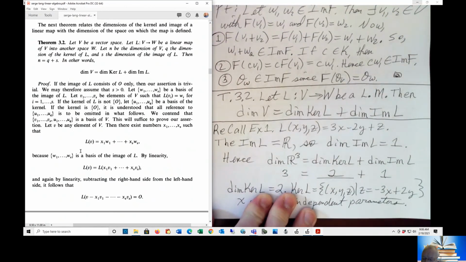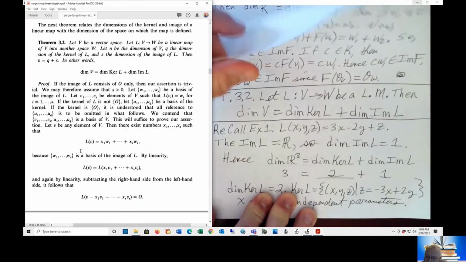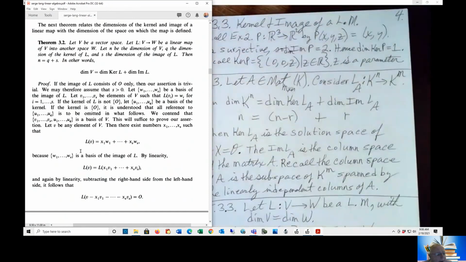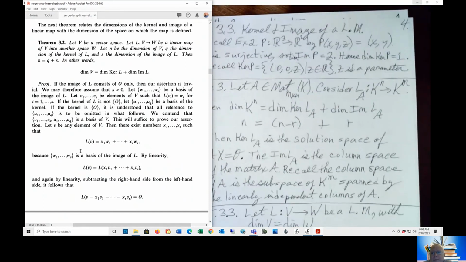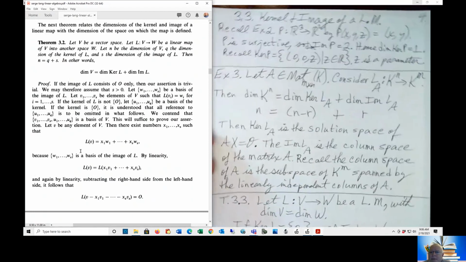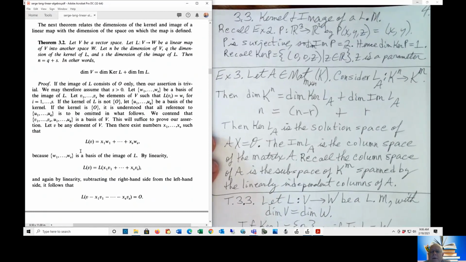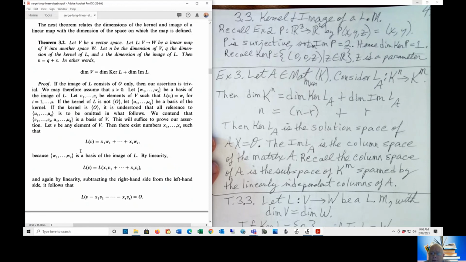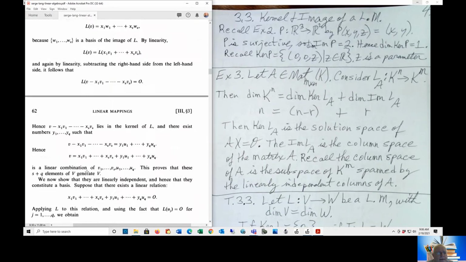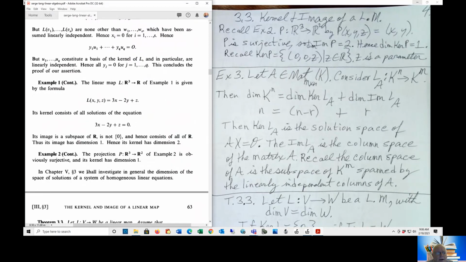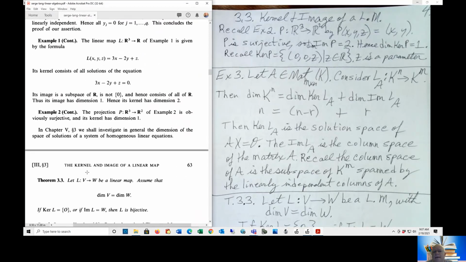Next, we have our next example, going back to example 2, where we looked at the projection mapping from R3 to R2. The projection mapping is clearly surjective, or onto R2.